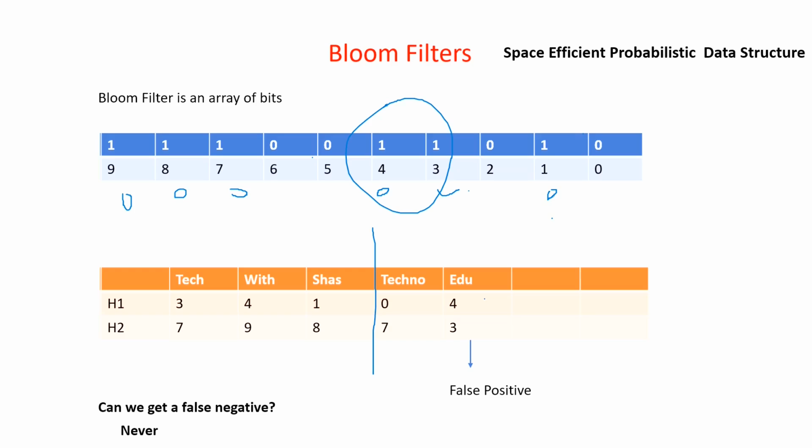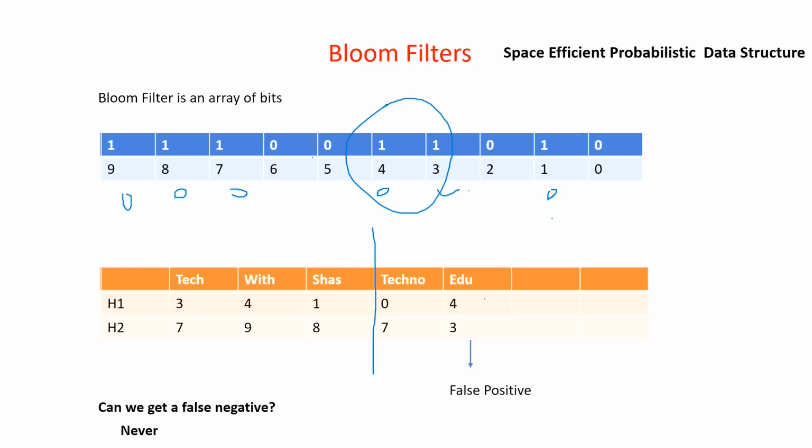It is space efficient because you are just storing bits, not all the strings or all the data. Whatever work you might do in GBs, you are doing in MBs, because in a Bloom filter you are just putting 0 and 1 values, which is very efficient in terms of storage. And why is it probabilistic? Because there might be some false positives. For example, in our case, we have seen that edu was never searched.